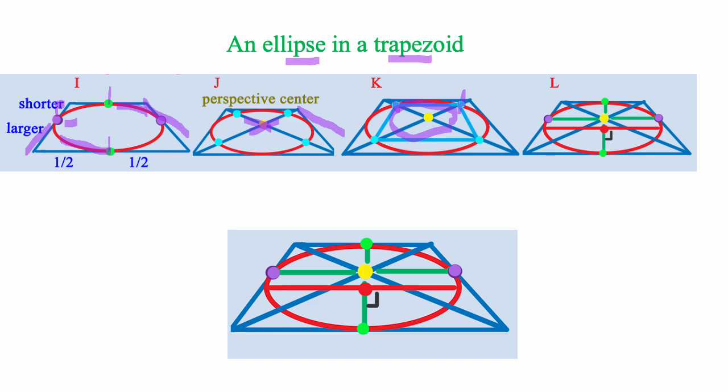So the perspective center of the trapezoid, the yellow dot, is where the diagonals of the trapezoid meet, and that's the center of the whole image. It is behind the geometric center of the ellipse, which is the red dot, where the major and minor axes meet. The green horizontal line through the perspective center divides the ellipse so that the part in front appears larger than the part in back.